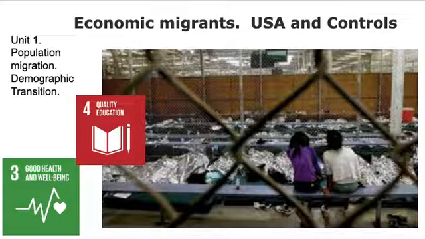This is also again related to SDG 3, which is good health and well-being and good quality education. It does have huge impacts on both the receiving communities and on the communities that are losing their people to migration.